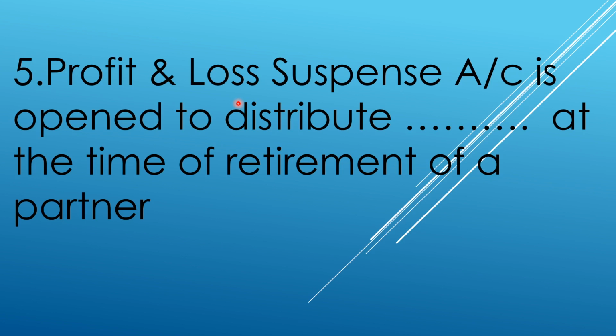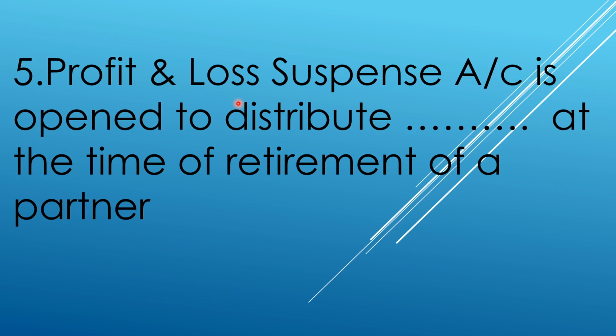If any partner wants to take retirement due to illness or any other reason on off date, then we have to open that type of account, the profit and loss suspense account, to show the actual profit from the last balance sheet till the closing date, that is, till the date of retirement of the partner.